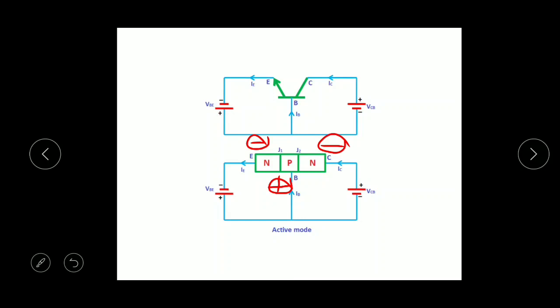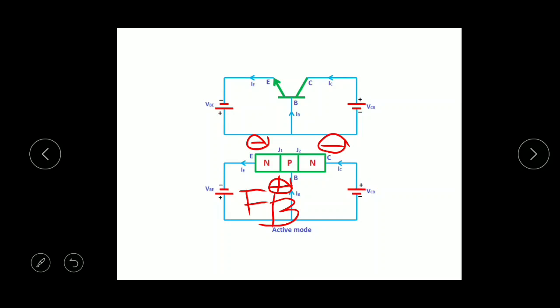First let us apply it to junction 1. VBE, the negative terminal, is applied to the N region. When the negative terminal is applied to the N region, it is called forward bias.